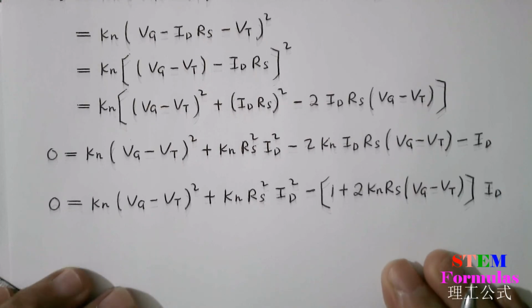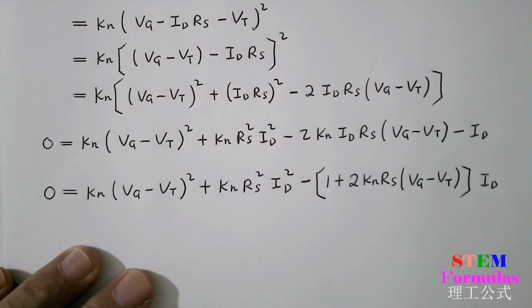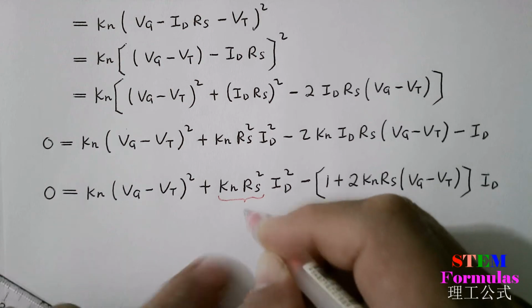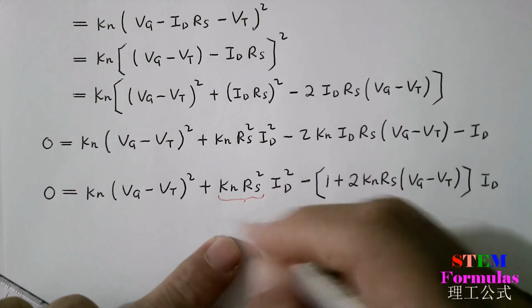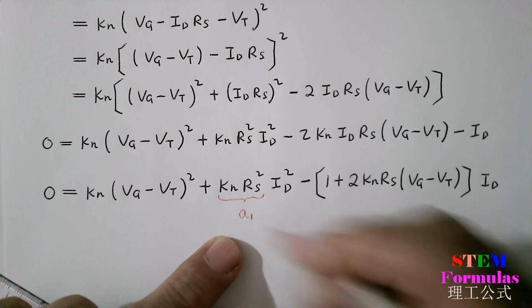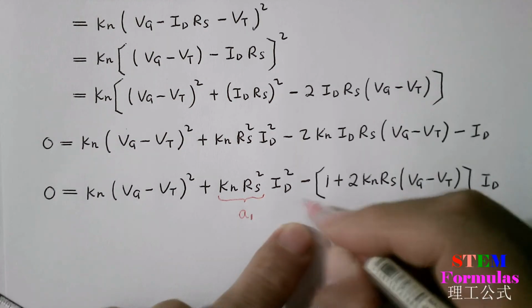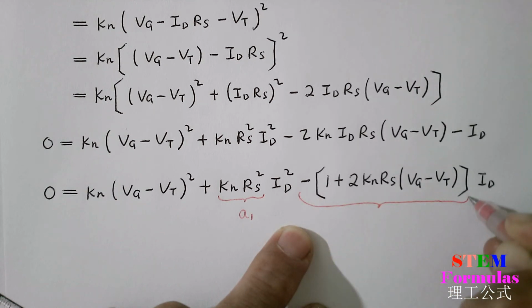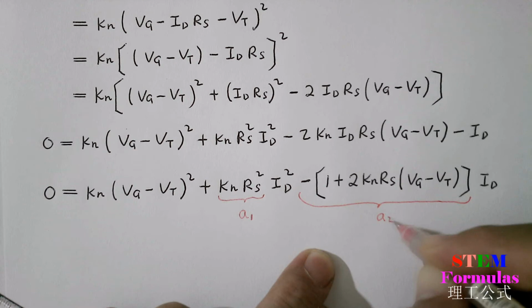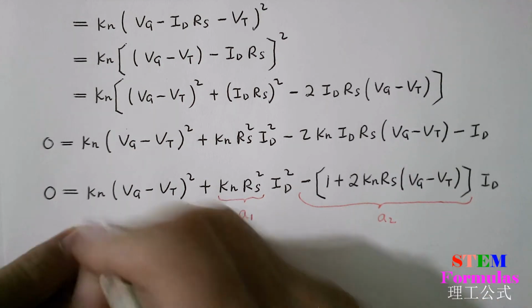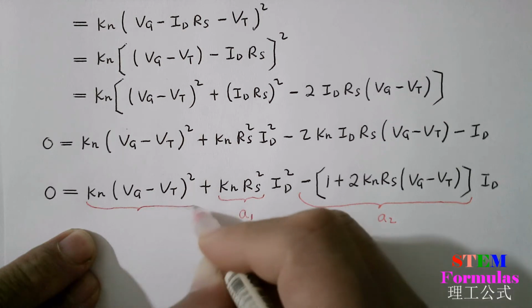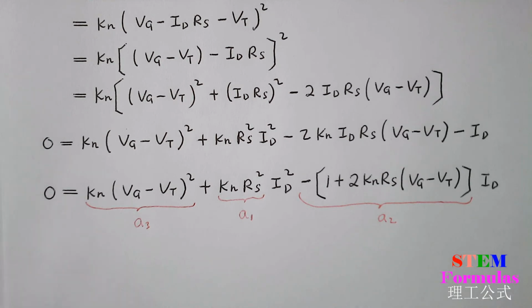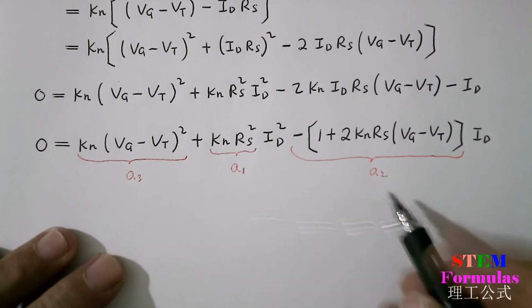This term is the coefficient of ID squared, so I call this A1. This term includes the minus sign, I call this A2. Then this term is A3.